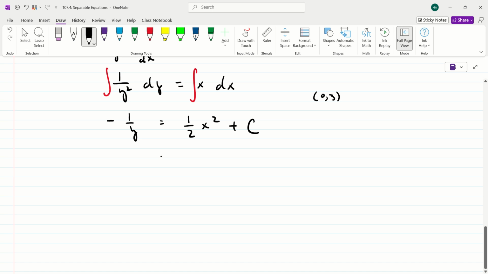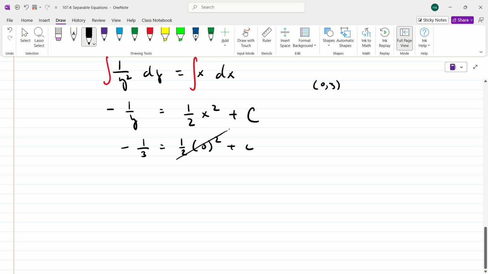When you plug in 0 for your x's, you should get a 3 for your y's. Solving for c, we get that c is equal to negative 1/3. So you have the equation negative 1 over y is equal to 1/2 x squared, and our c is negative 1/3.